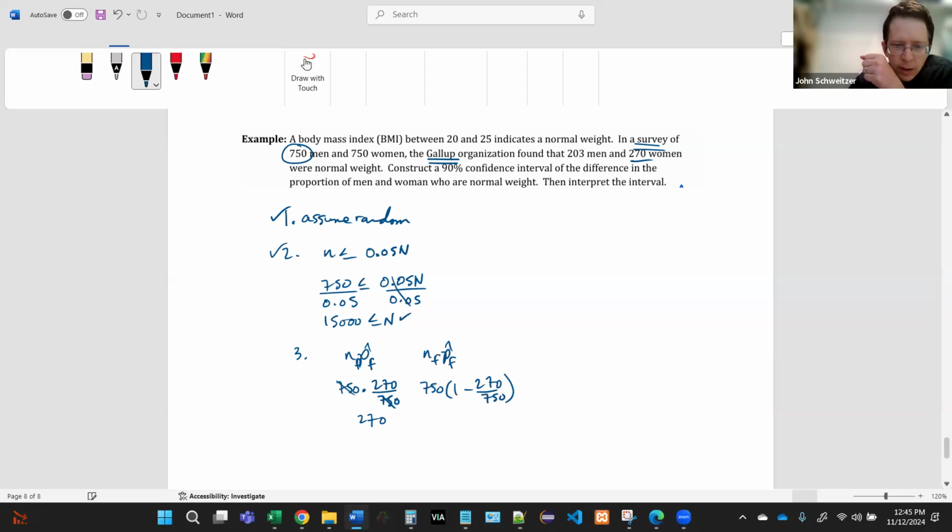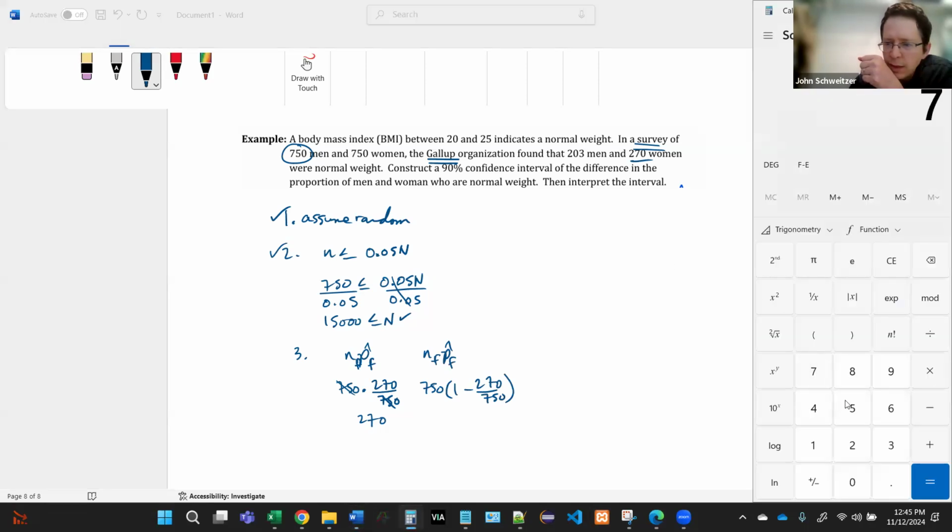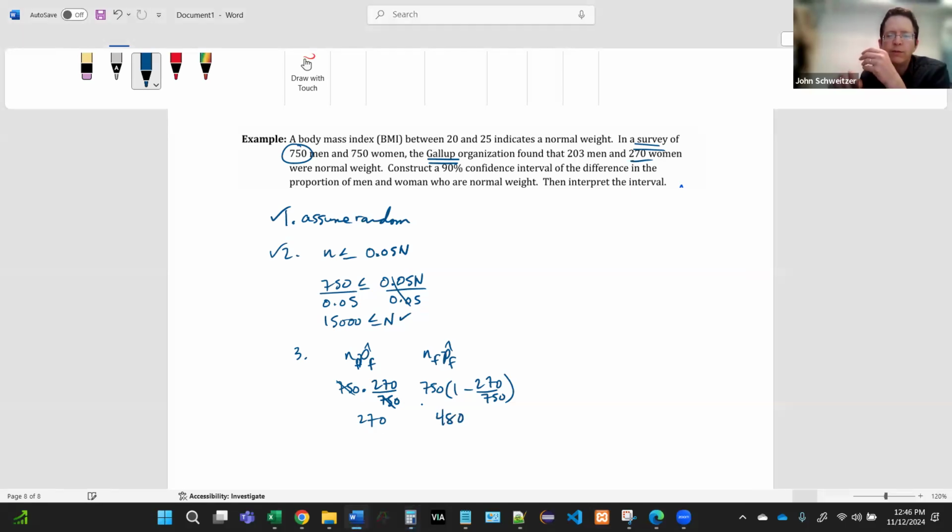No problem with that. So we go 750 times 1 minus, hopefully you remember this kind of inequality from chapter 3. We did the same thing in chapter 3, but we only had one population in that case, right? So if 270 are of normal weight, then 480 are not, right? Okay, so that's for the females, and we have to do the same thing for the males.